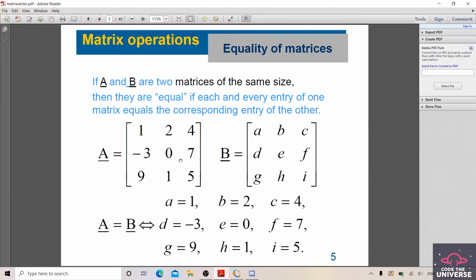How this has been demonstrated in this presentation is that we see there are letters in the second matrix, A, B, C, D, E, F, G, H, I, and below we have demonstrated how these two might possibly be equal. That is, A must be equal to 1, B must be equal to 2, C must be equal to 4, and so on. So that is the condition for equality, and I hope that's clear to you.